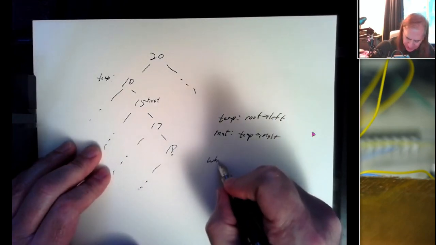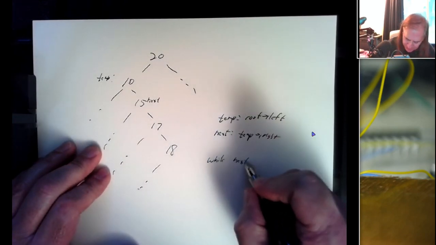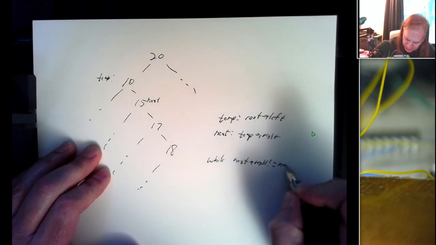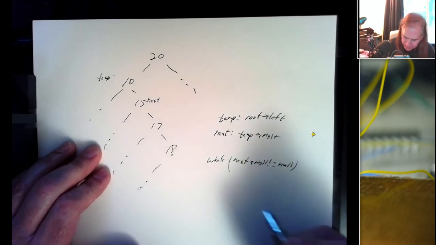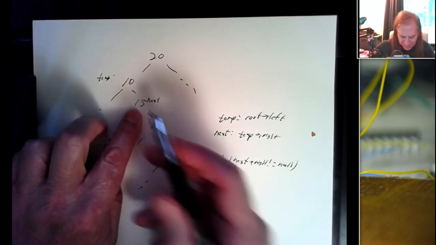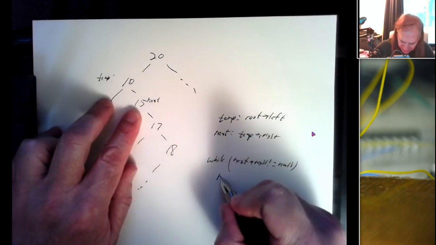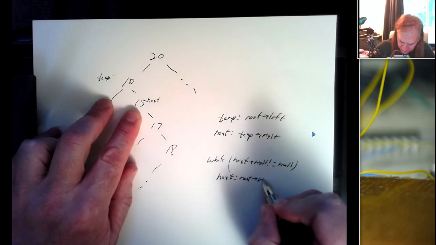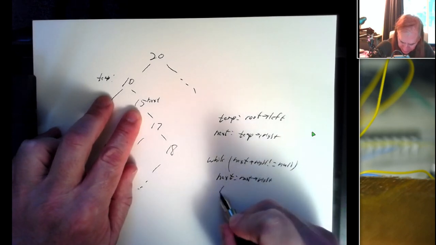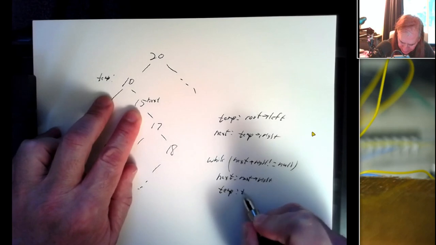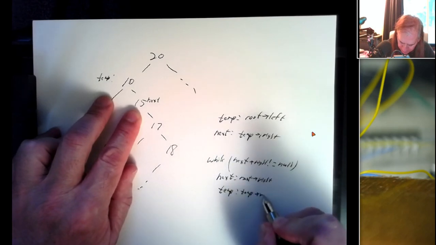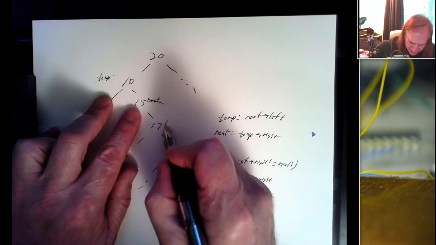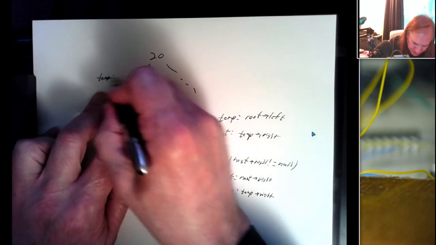And then we could say while next right is not equal to null. So if there's something to the right of this, we can simply move down. Next equals next right. And temp equals temp right. So next will be here, and temp will be here.